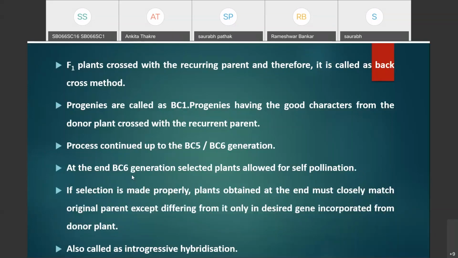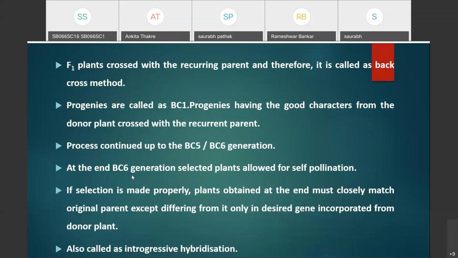In this type of cross, if the selection is made properly, the plants obtained at the end must very closely match the original parent, except differing from it only in the desired gene incorporated from the donor plant.